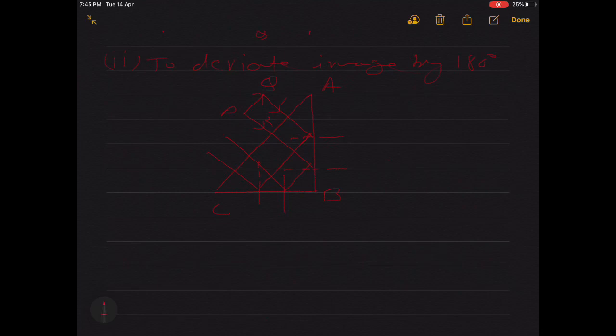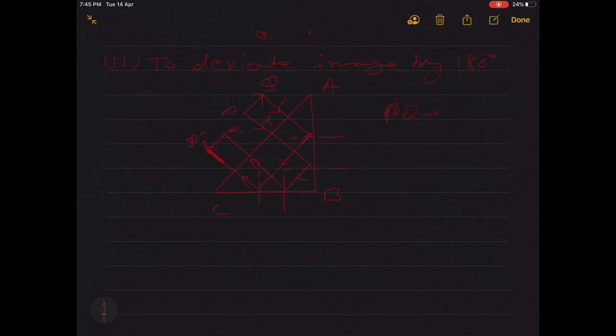So in that way, we get the image of object PQ as P dash Q dash. It's very clear that these two are making angle 180 degree with each other.